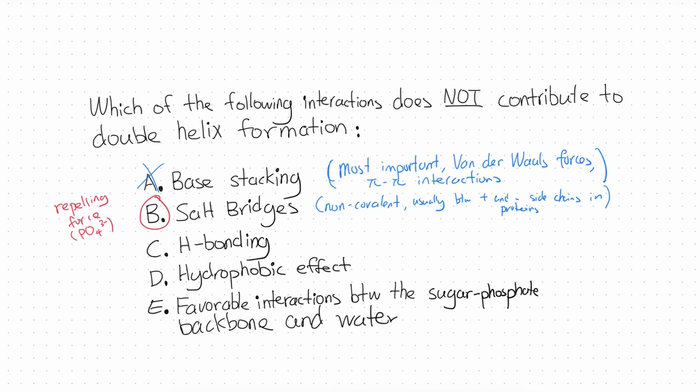So how about H bonding? Well, we know hydrogen bonds form horizontally between complementary base pairs. A pairs with T, and G pairs with C, right? That's the common base pairing convention, and it is actually based on hydrogen bonding.